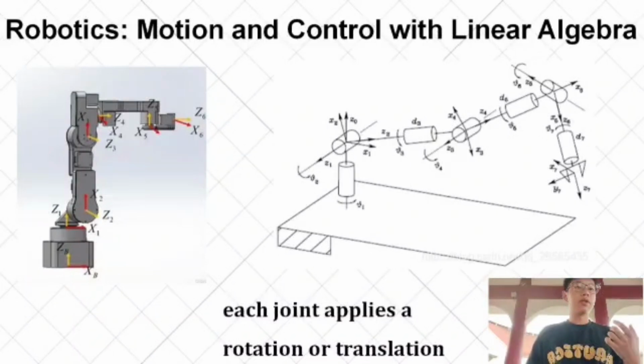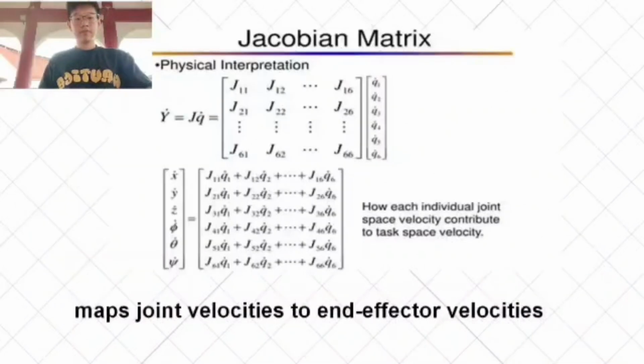To compute the position of the end effector, we apply a series of linear transformations using rotation and translation matrices. The Jacobian matrix linearly maps joint velocities to end effector velocities, a critical part of real-time motion control and inverse kinematics. We can also see how these tiny changes affect the end effector.